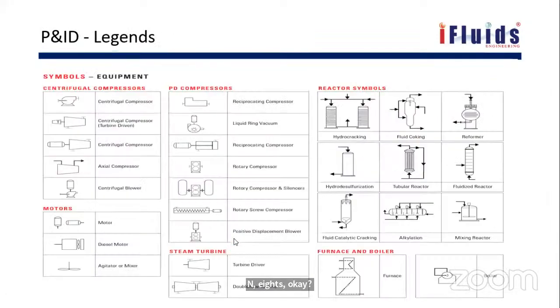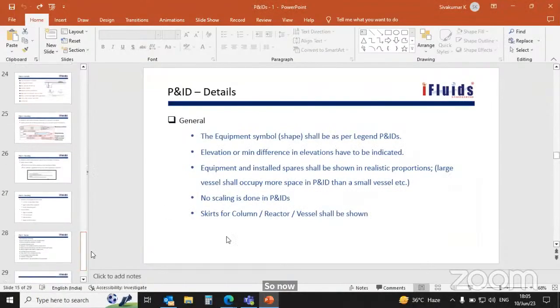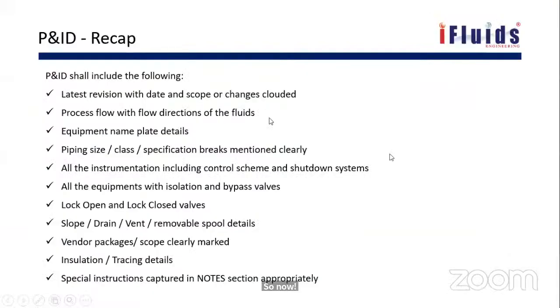So P&IDs is the basic document of any process plant. So we know P&IDs, how it is made. We have legends which have the symbols, how equipments are represented in the P&ID, how the P&ID is named, how the line is named, how the instrument is named. Everything will be available in the legends. Then we should look at the revision.